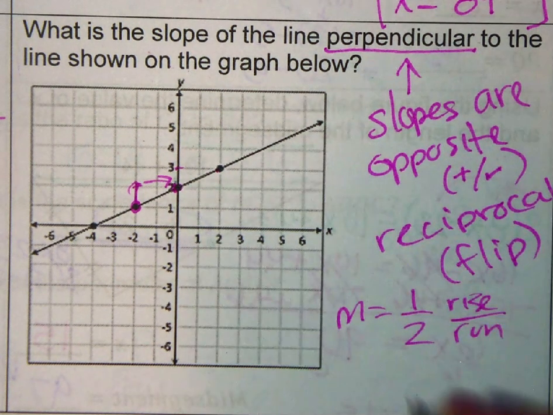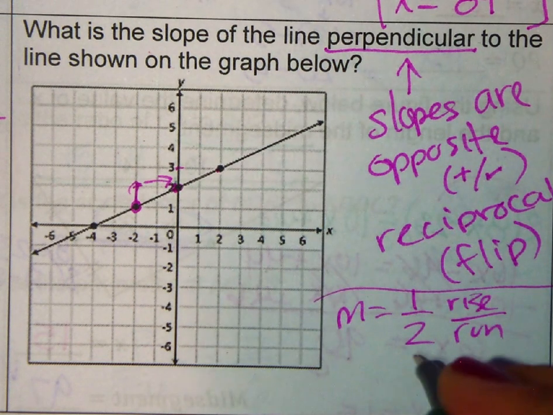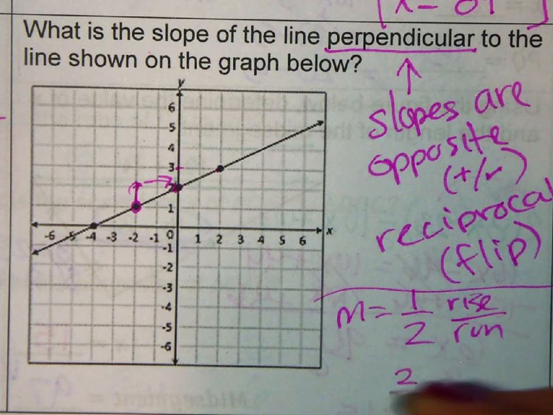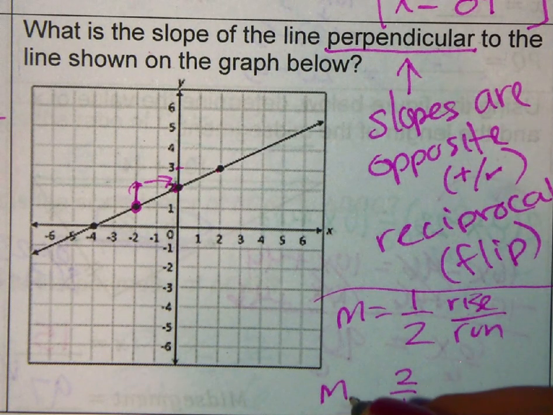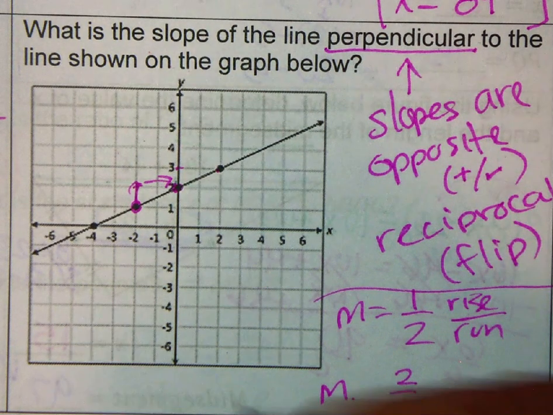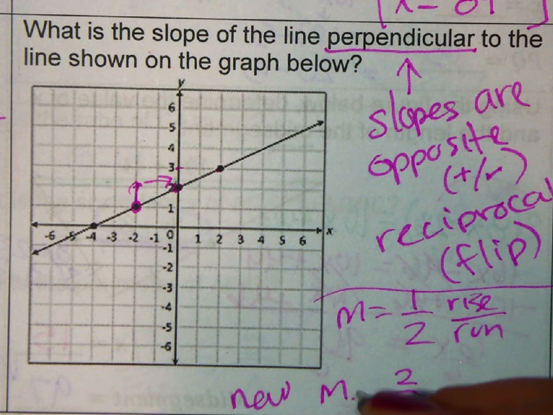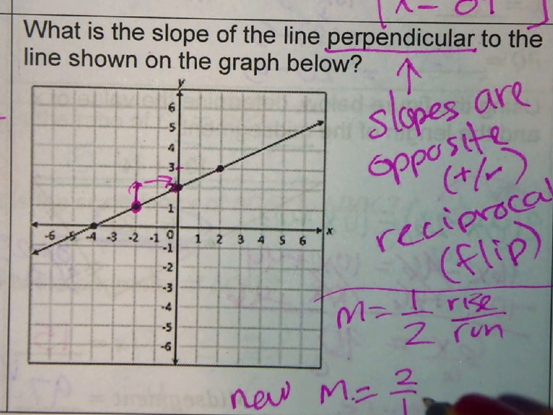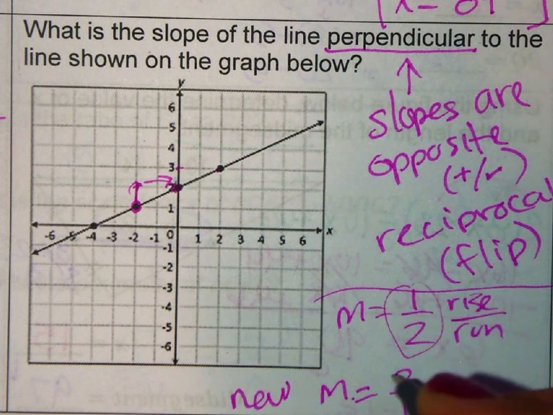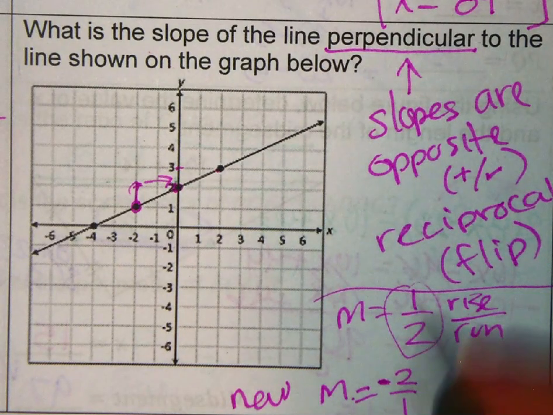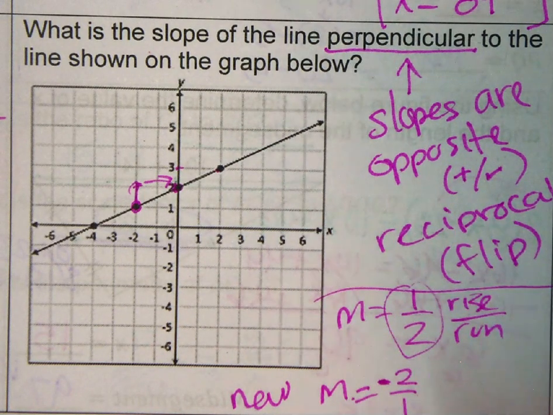So we're going to have a perpendicular line. We're going to have a flipped version of this, so 2 over 1. And then I'll put the new slope negative, because this is positive, so this is negative. So opposite, positive, negative, and then reciprocal, flipped.